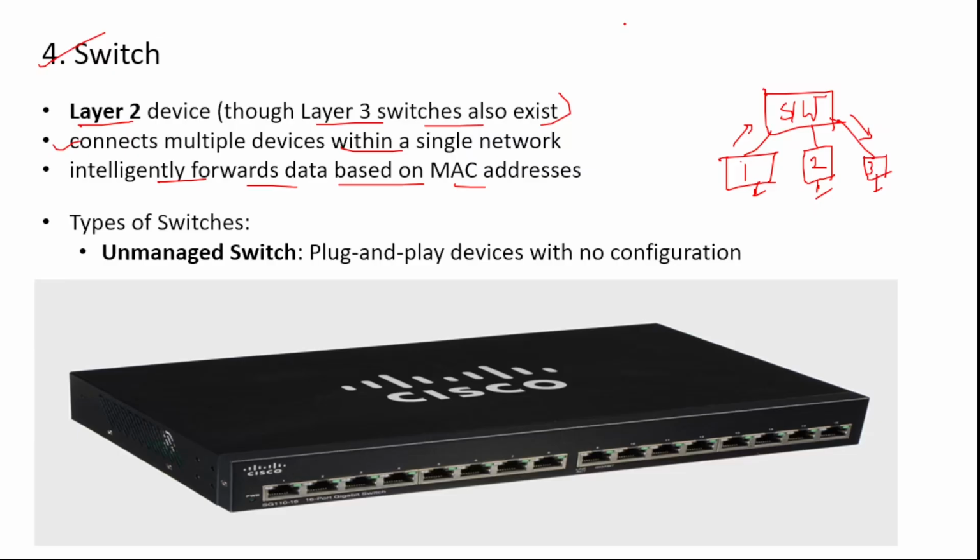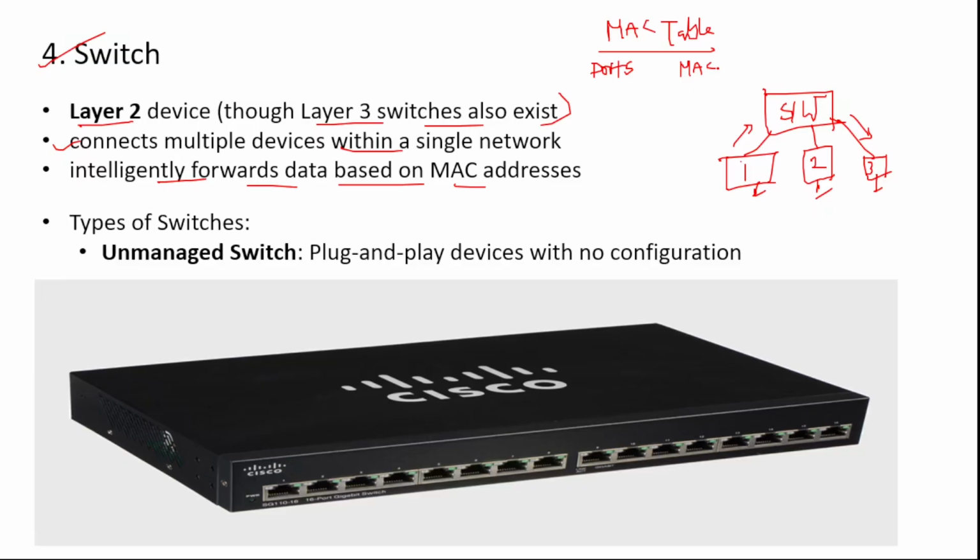MAC table looks like this. Ports with the MAC address. Suppose this port is FA0/1 and this port is FA0/2. So this FA0/1 port is related to its MAC address.